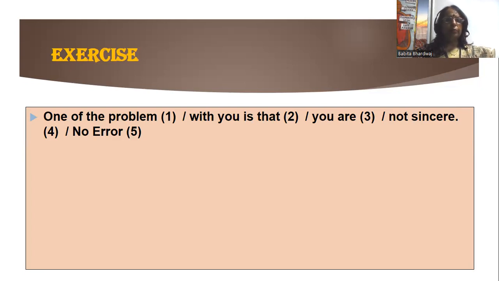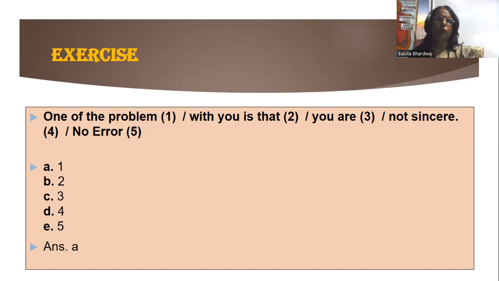So here, if we'll be mentioning in the first part, it should be like this: one of the problems means out of so many problems, one problem with you is that you are not sincere, right? So if we see the error, it lies in the first part of the sentence.